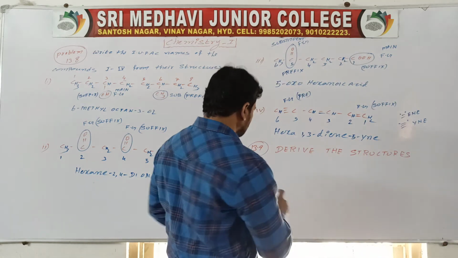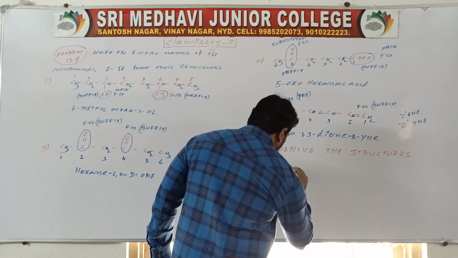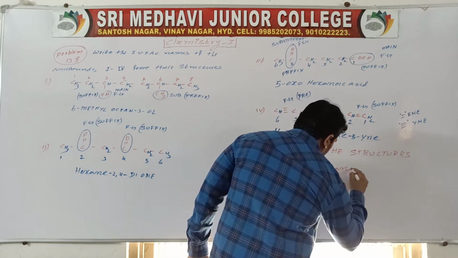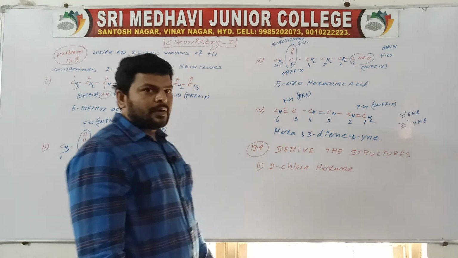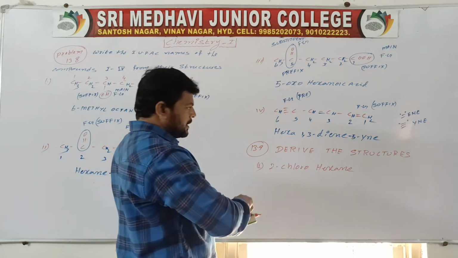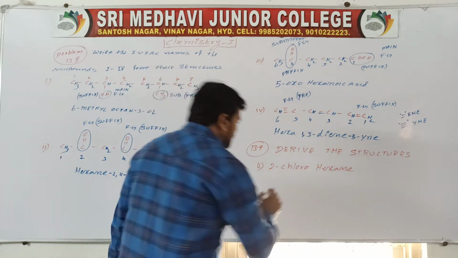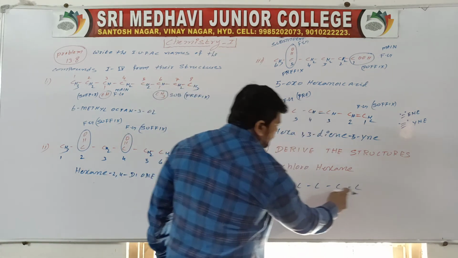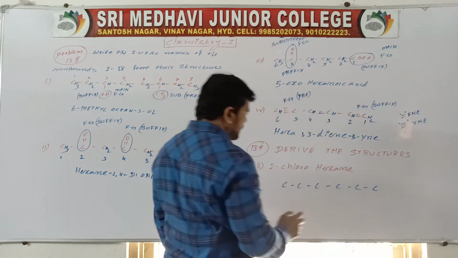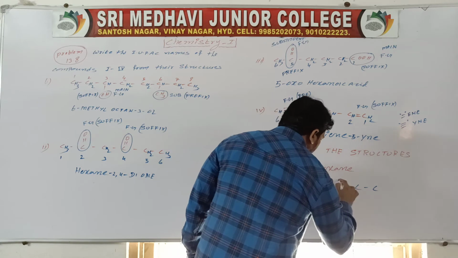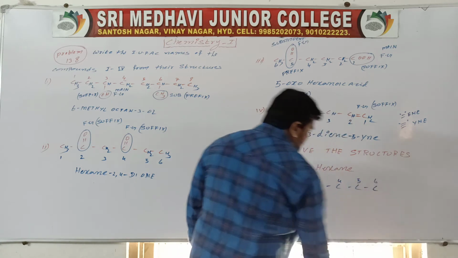2-chlorohexane. Okay, what is the root word? Hex is the root word. So hex means 6 carbons. C 1 2 3 4 5 6. So numbering, either side you may give 1 2 3 4 5 6.